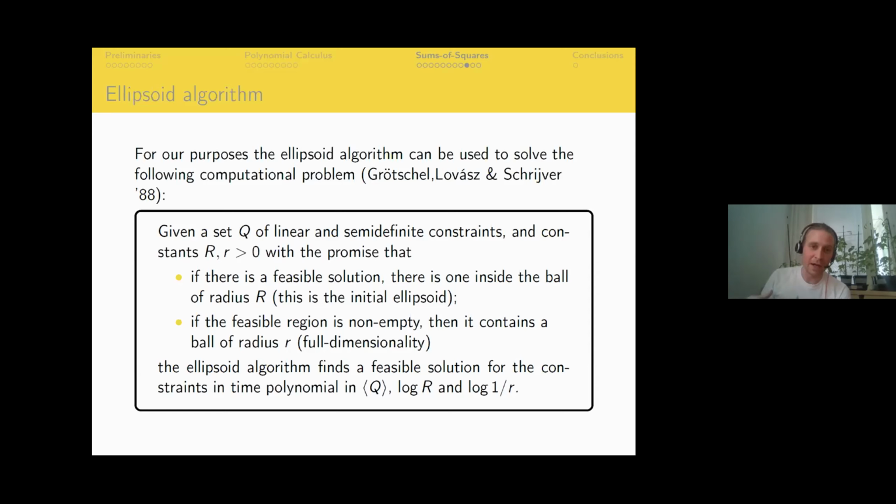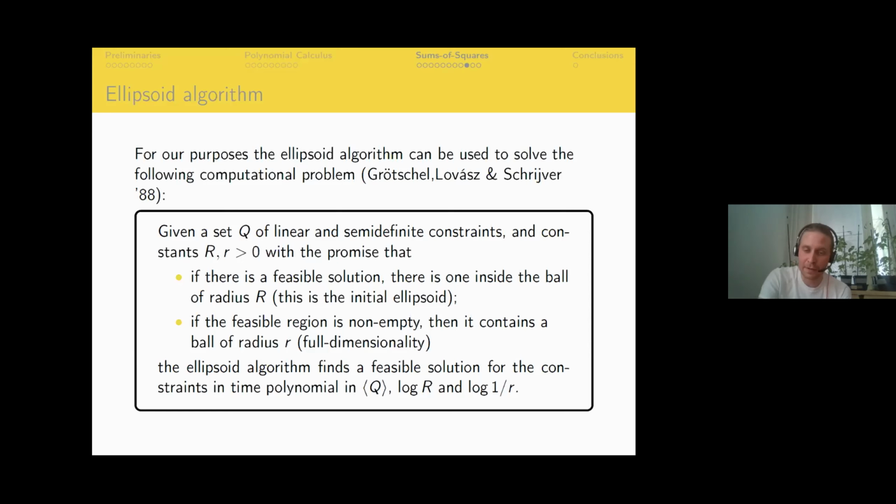Basically, if you come across an ellipsoid whose volume is less than the ball of radius small r, then you know to stop. So with these promises, the ellipsoid algorithm can find a feasible solution for the constraints in time polynomial in the encoding of the constraints, the logarithm of R and the logarithm of 1 over r, small r.